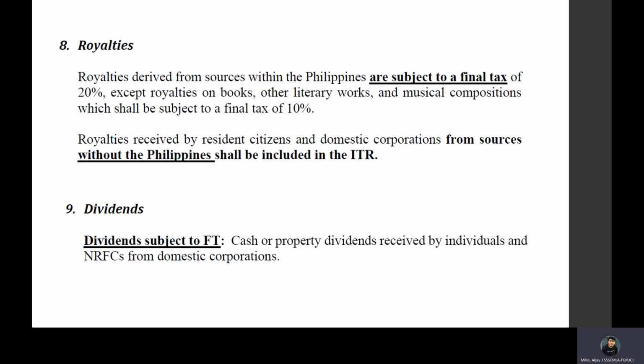Royalties received by resident citizen and domestic corporation from sources without the Philippines shall be considered in the ITR. So since yun nga, only the resident citizen and domestic corporations are being taxed from their income within and without. So for royalties, when it comes to royalties, kung sila lang din yung nag-i-include ng income from royalties sa ITR, so mga resident citizen and domestic corporation.